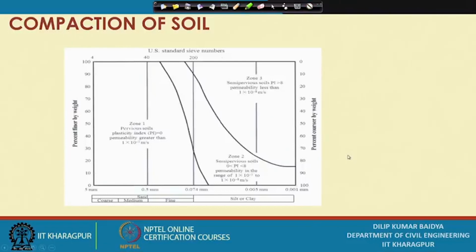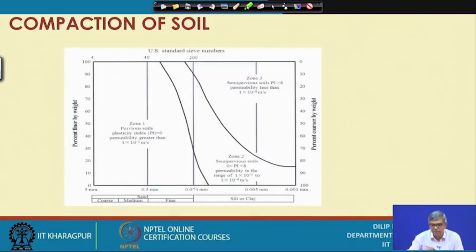Now, I have qualitatively mentioned that some soil is good, some soil is not good. This figure shows the range where it is good.